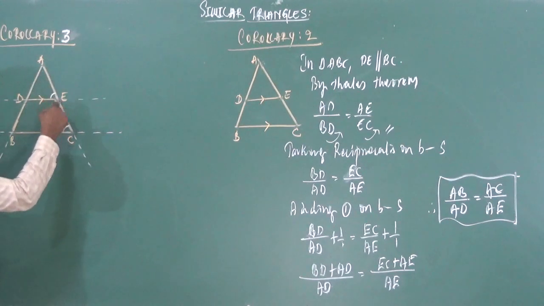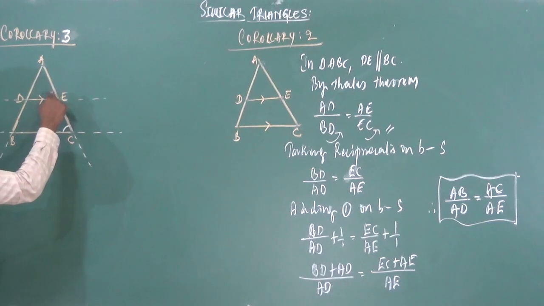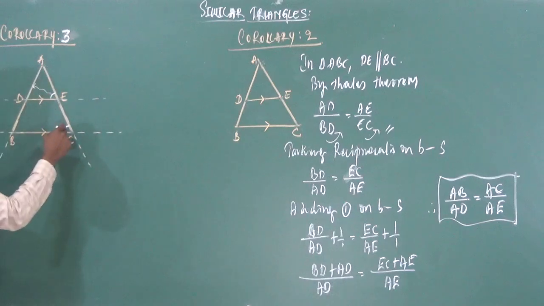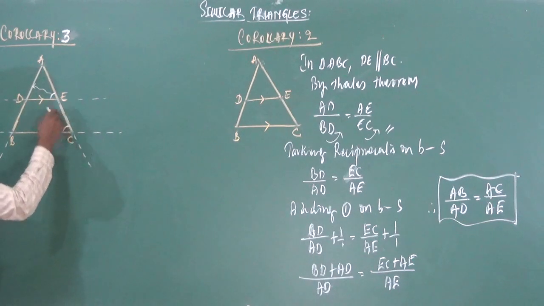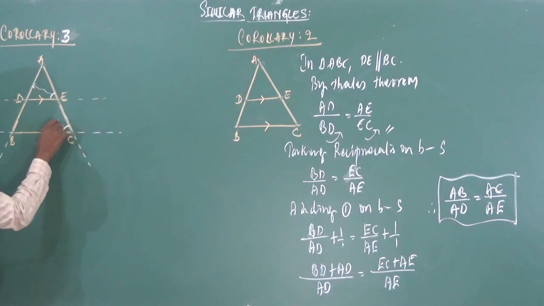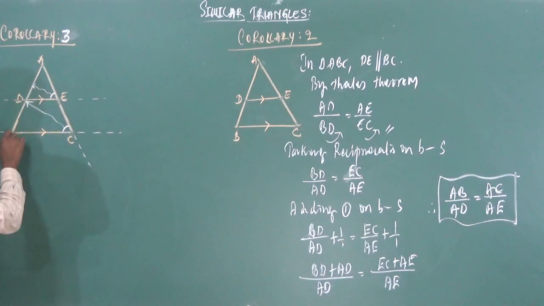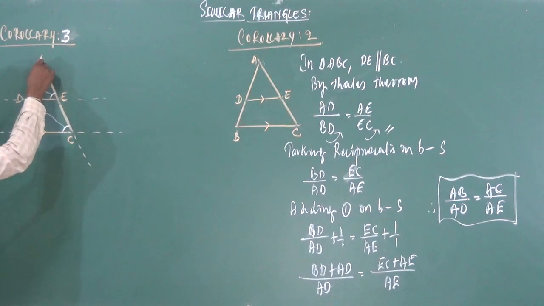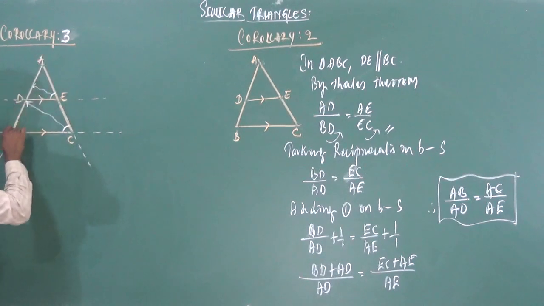Now in triangle ADE, this is the angle, opposite to this is AD, and in triangle ABC, this angle is equal to this. So in triangle ABC, the side opposite to this angle is AB. Therefore, for AD, AB becomes the corresponding side.